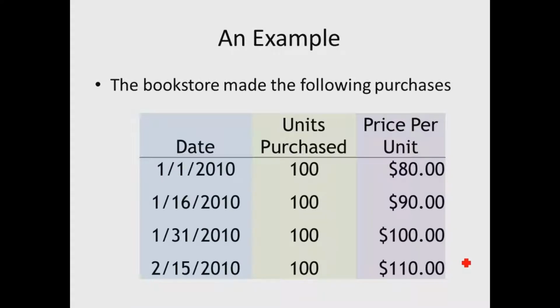Then, of course, 2 weeks later, they call and say, we need another 100 copies, but now there are some crazy price increases, but let's just stick with it anyway. Just go with it. Let's say the price is increased to $90 a unit. Maybe there's some scarcity and they can afford to charge the bookstore more.